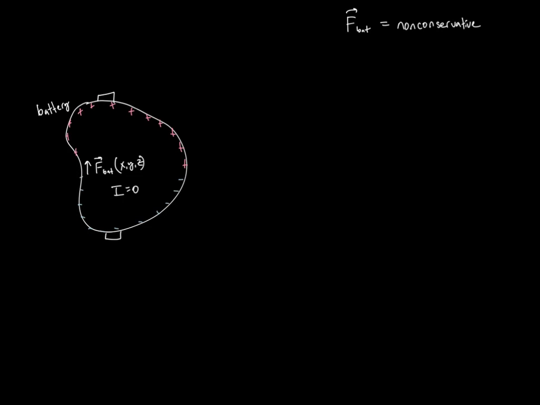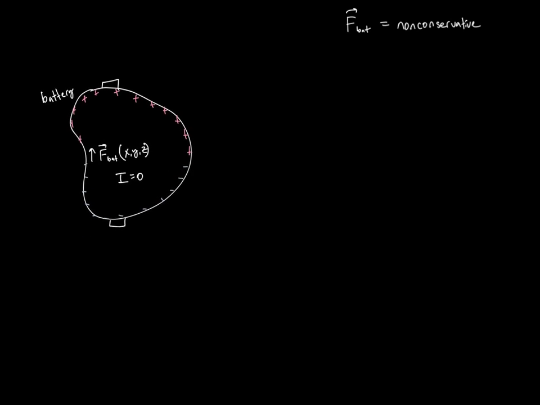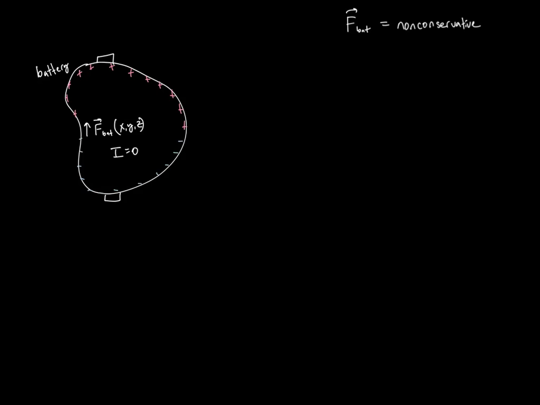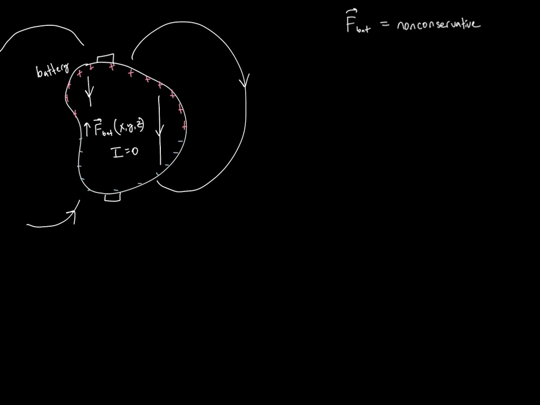So this charge separation is going to produce an electric field of its own. Let's move this here. The electric field will be something like this, pointing down. Now, if you look, we have two regions of charge, a positive charge and a negative charge. So outside the battery, the further you get away from it, the more and more it looks like an ideal electric dipole. So I'm drawing some electric field lines here.